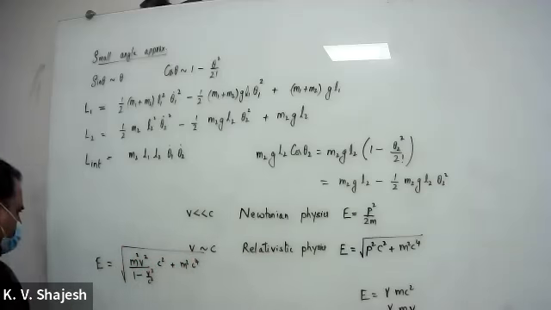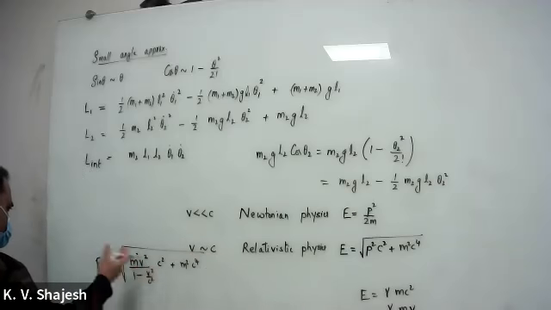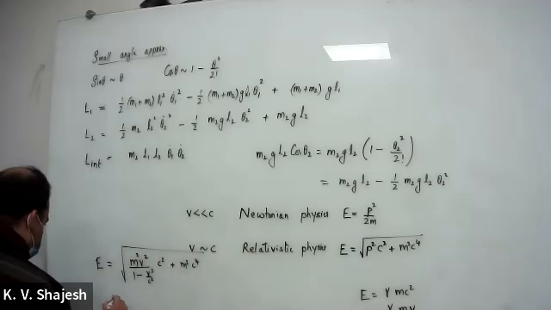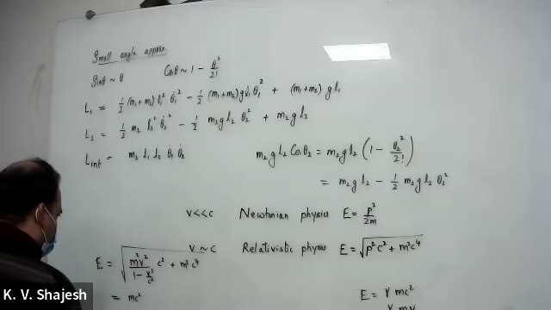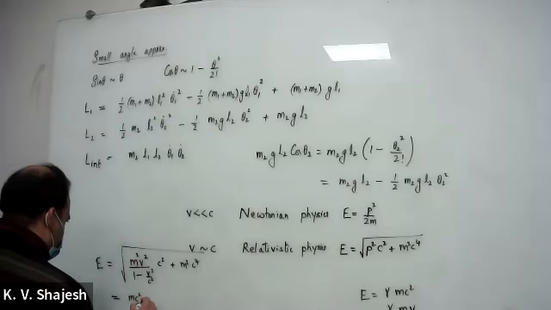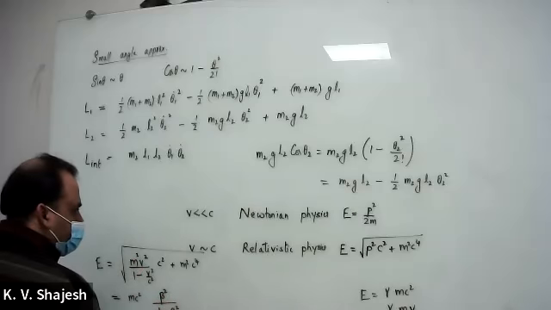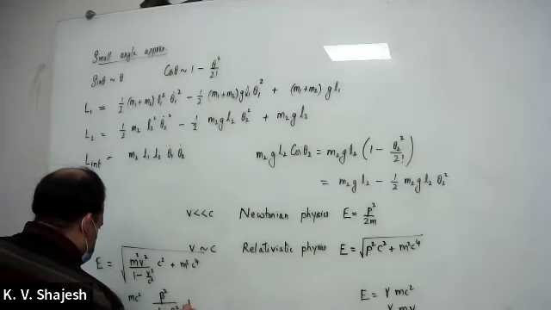We wanted to subtract out this mc square, so pull out this mc square. Let me bring in the betas here. So m is gone, and this is beta square over 1 minus beta square, and plus 1. All right.